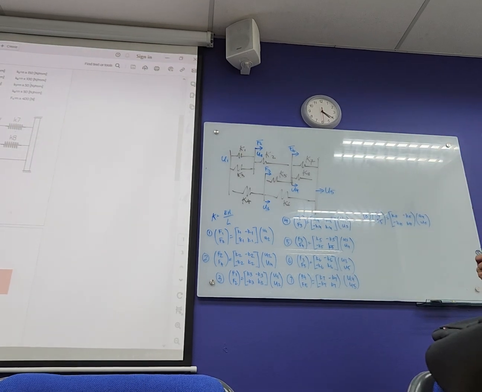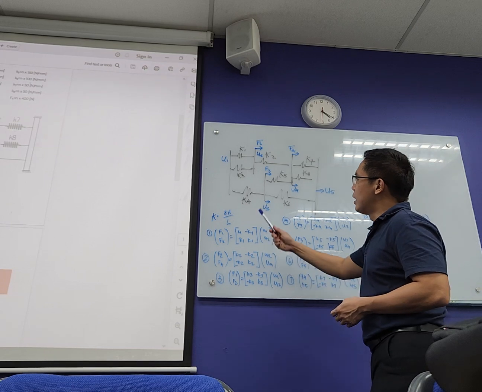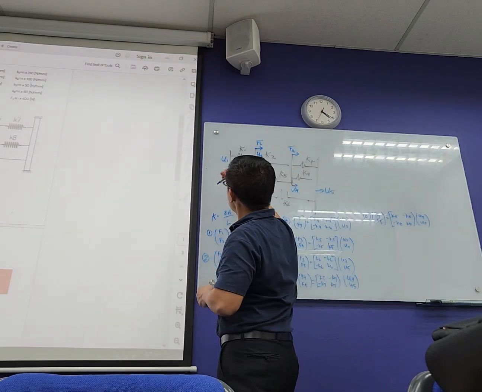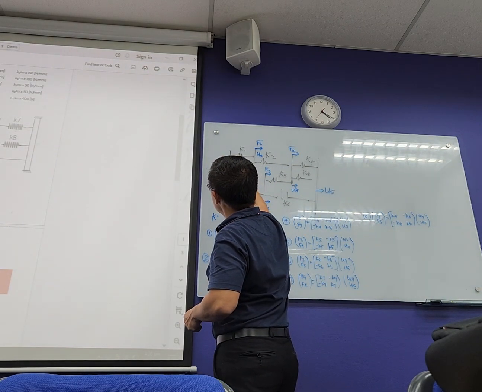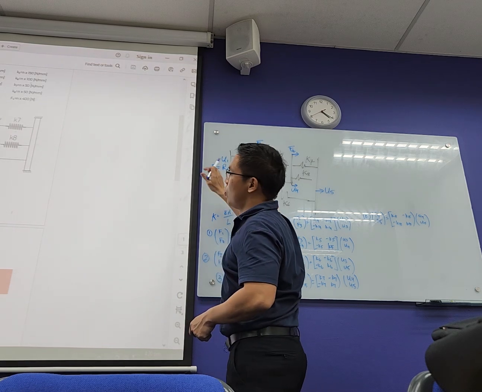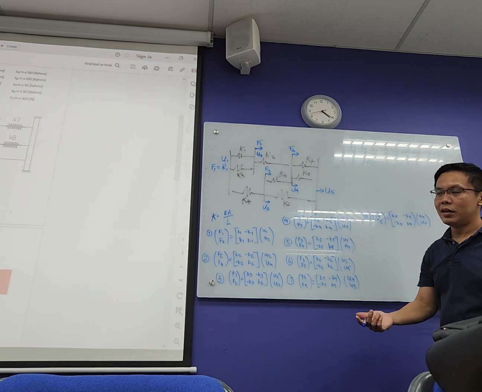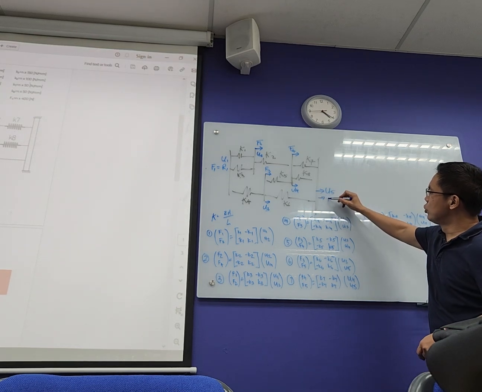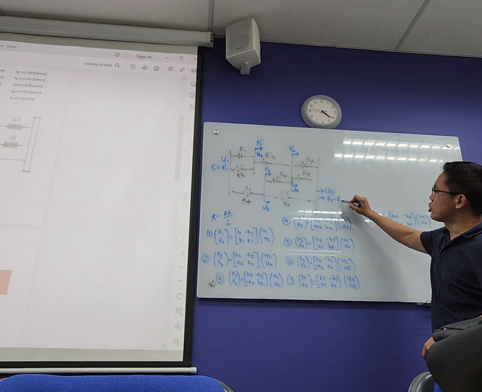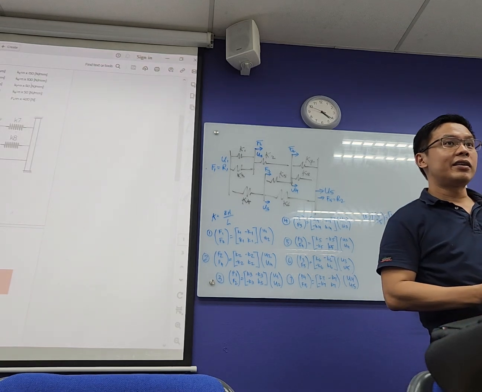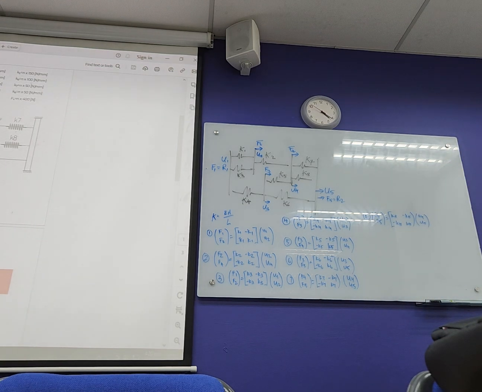Notice that this F1 is equal to your reaction 1. Note that this F5 is your reaction 2, because it is a restraint condition.